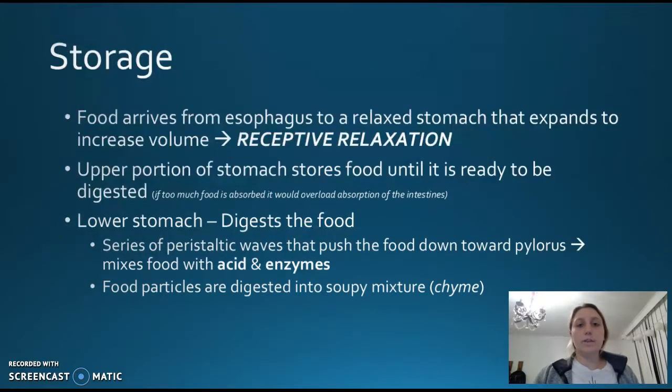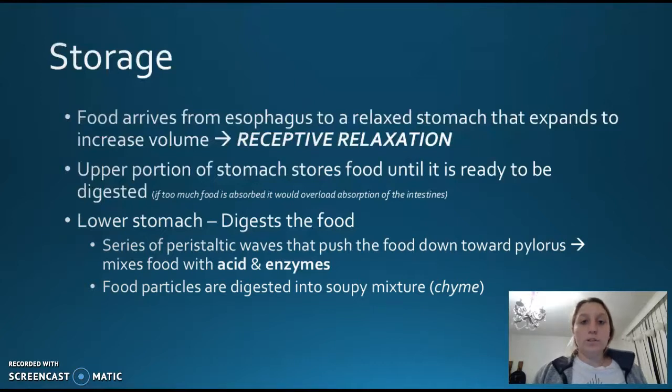First, to talk about the storage function of the stomach: when food arrives from the esophagus, it arrives to a relaxed stomach that will expand to compensate for the larger volume of food coming in. This is called receptive relaxation.